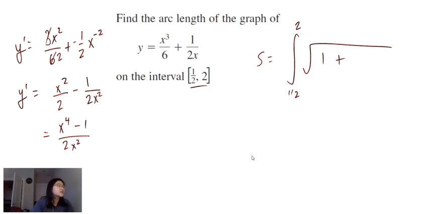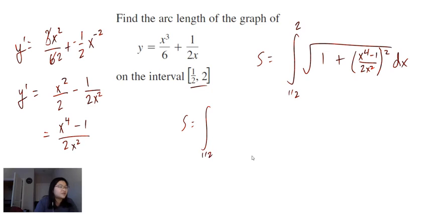Okay. This is going to be a lot of algebra. Alright, so this is x to the 4th minus 1 over 2x squared, and we're squaring that, and we're taking our definite integral with respect to x. Alright, so what does that give us? Let's continue to algebra.